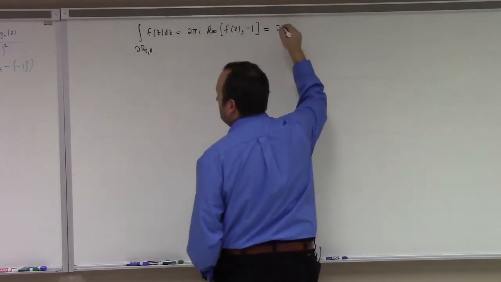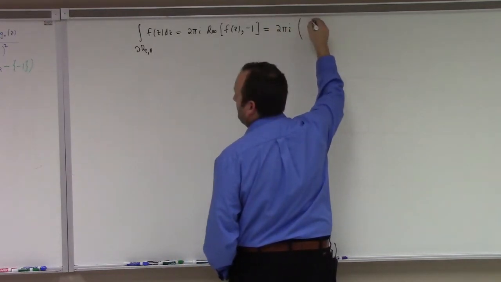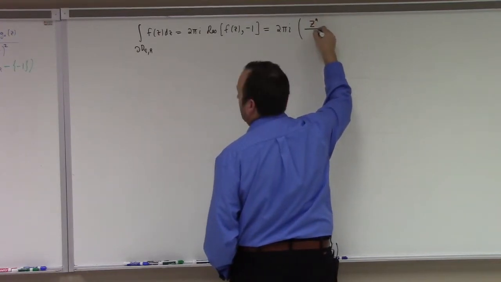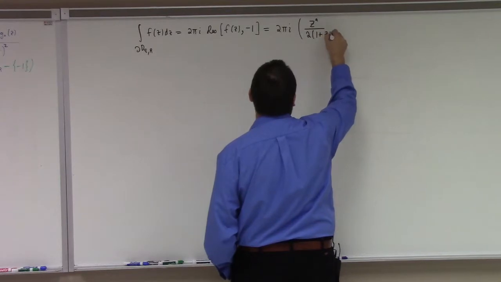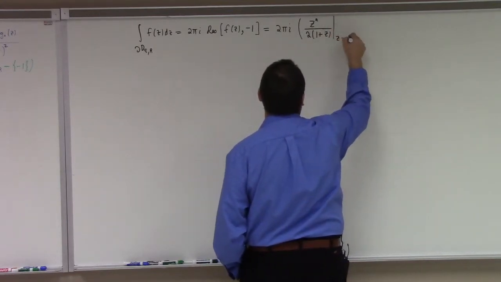What's the residue? Looks like we should look at z to the a over, what, 2z? 2 times 1 plus z, right? Evaluated at z equals minus 1.